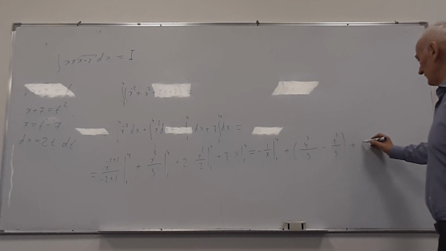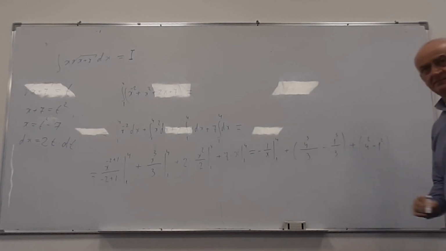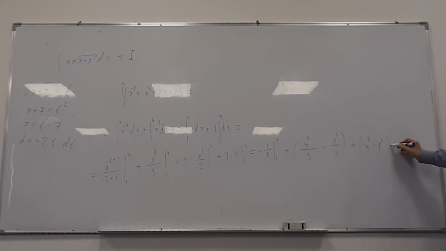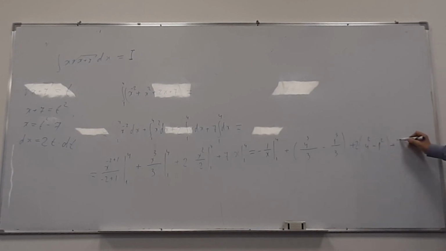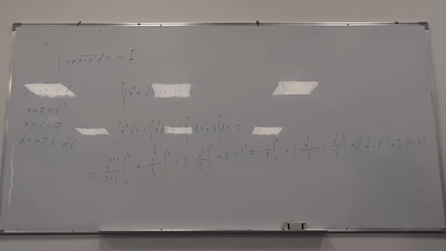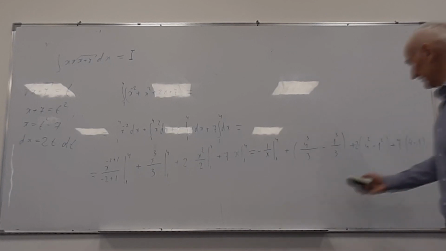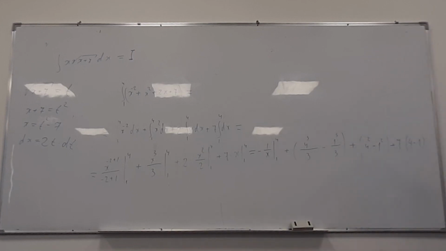So here we have 4 squared minus 1 squared, and plus, but I missed 2. Yes, 2. And plus 7 multiplied by 4 minus 1. Oh, sorry, yes, thank you. We don't need it, because 2 times 1 over 2, this is 1.